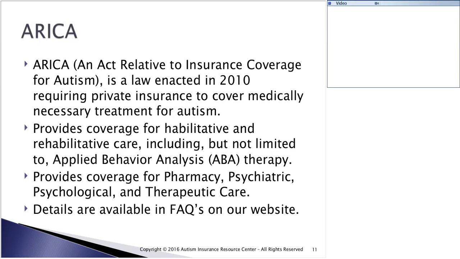The other really important thing about ARICA is that it provides coverage for habilitative and rehabilitative care. So I'm just going to give an example of pre-ARICA. You might have had a person with autism whose doctor recommended that speech therapy would be helpful. They might have called their insurance and heard several things. They might have heard, well, autism is an excluded diagnosis, so we won't cover speech therapy for that person.